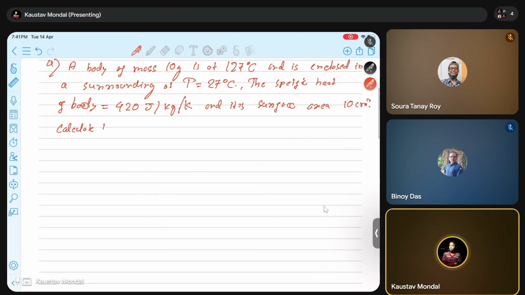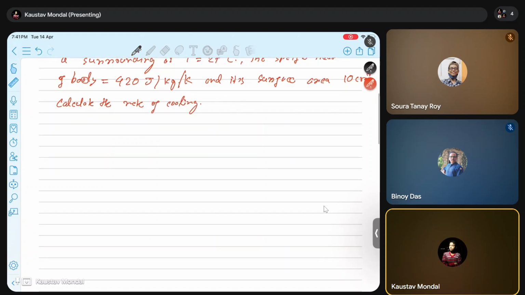Since the heat is radiating from the system, it basically cools. The heat is getting rid of from the system, so the system is trying to cool down.